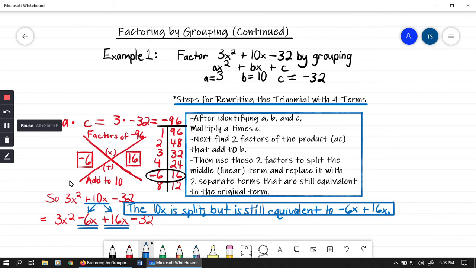Then, once you've taken out the GCFs, you should recognize that there's the same factor left over from each of those groups. And if you notice that there's the same factor left over, that's when you can write out your final two factors. So one factor is going to come from the GCFs, where you put those GCFs together as one factor, and the other factor is going to be that same factor that we had. But again, we'll walk through that in just a sec.